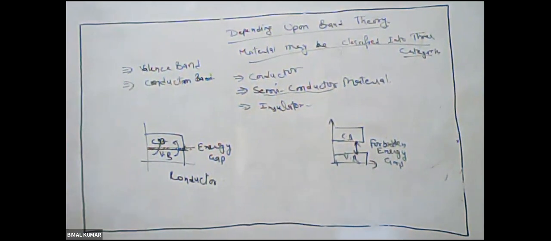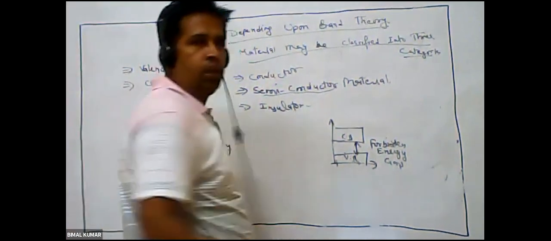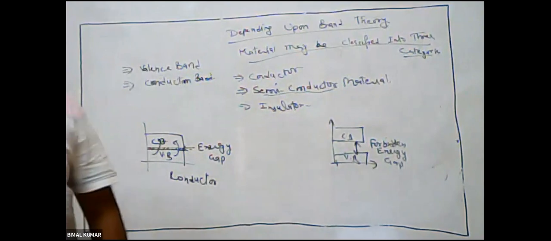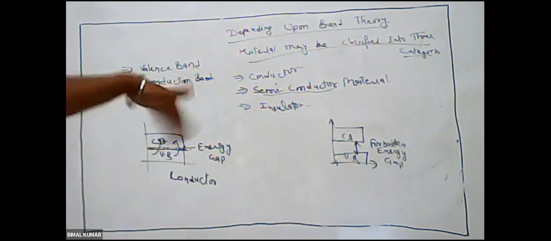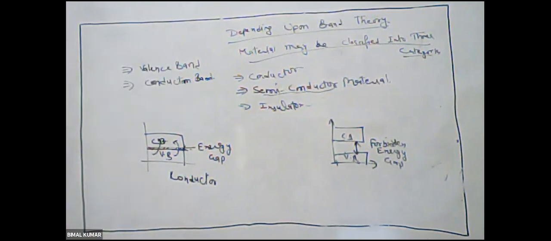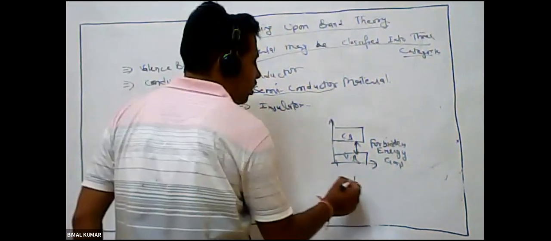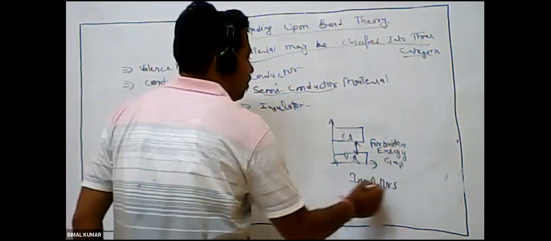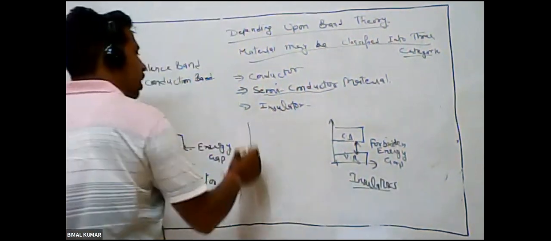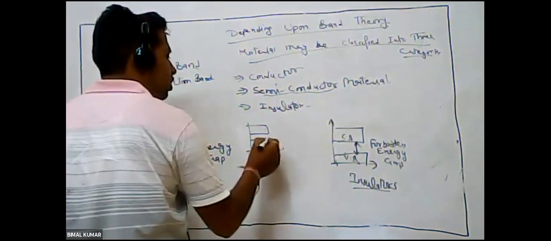That means in that particular case, even by supplying a very huge amount of electrical energy or any form of energy, electrons will not be able to jump from the valence band to the conduction band. Then that type of material is known as an insulator, right?